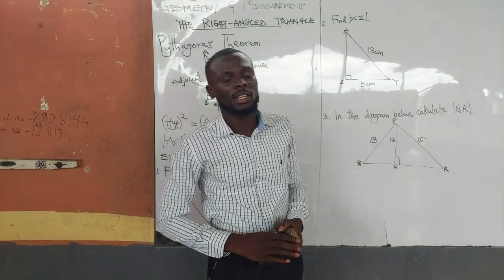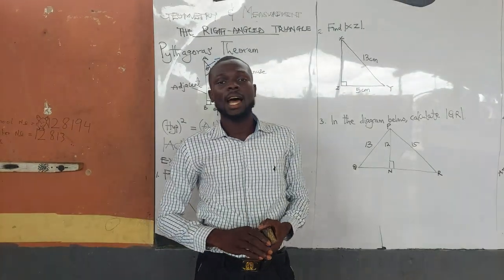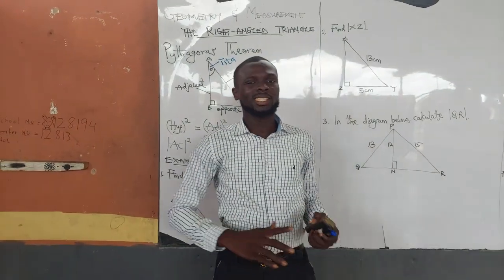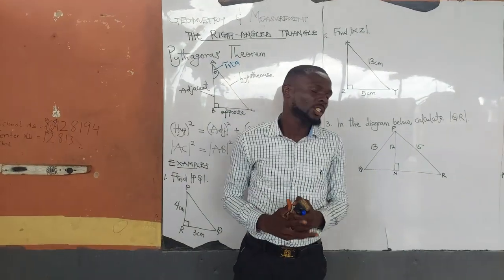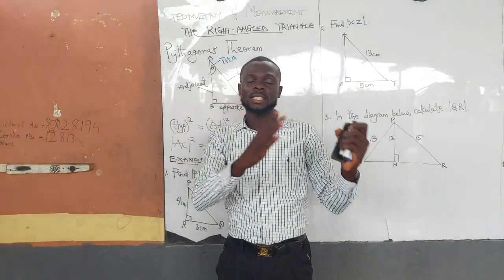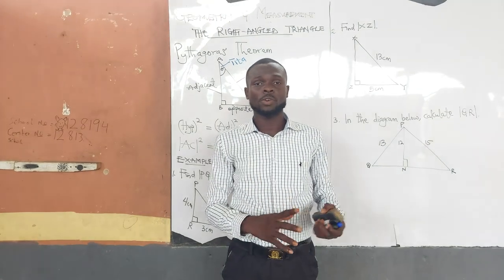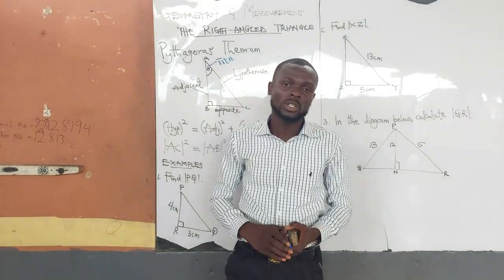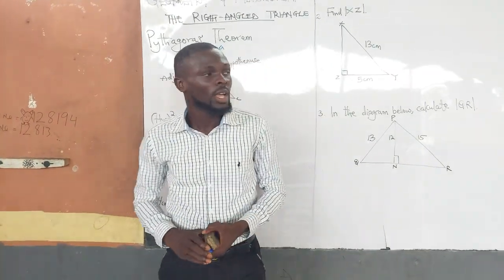Today, we want to look at the first part in measurement and geometry, or geometry and construction. Today, we want to look at the right angle triangle, which is a topic for Basic 8 and also for the Form 3 candidates.